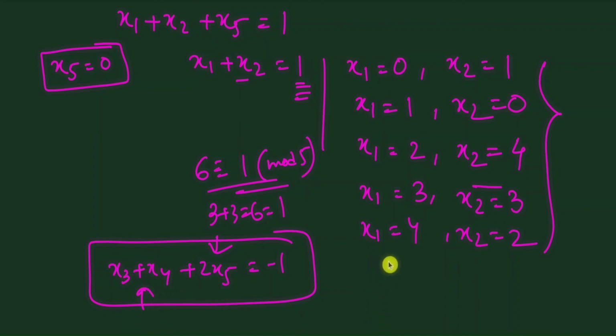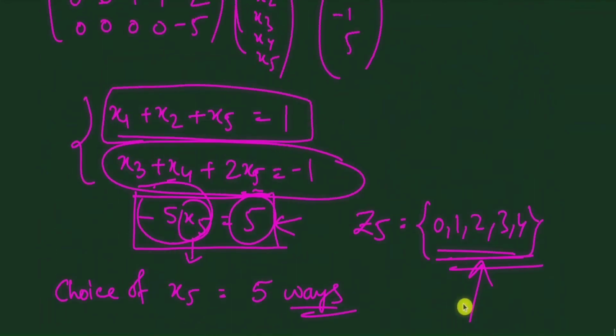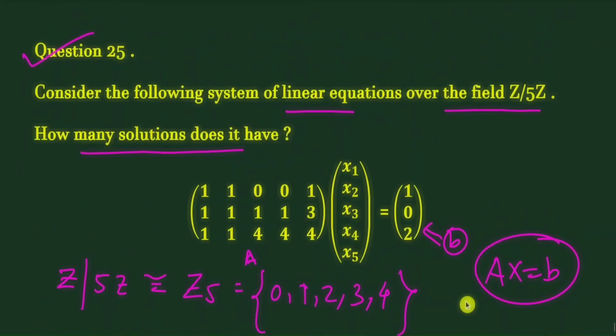That means how many ways can we choose? We can choose 5 into 5 into 5 ways, that means 125 ways. Clear? So our answer is that the number of solutions is equal to 125.